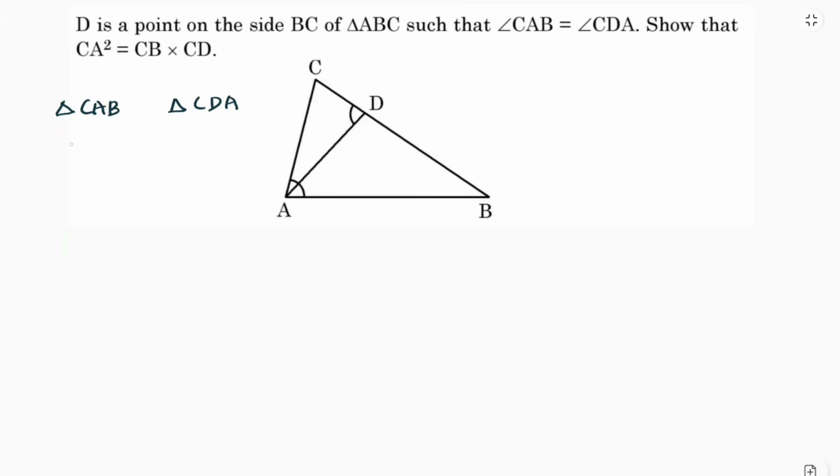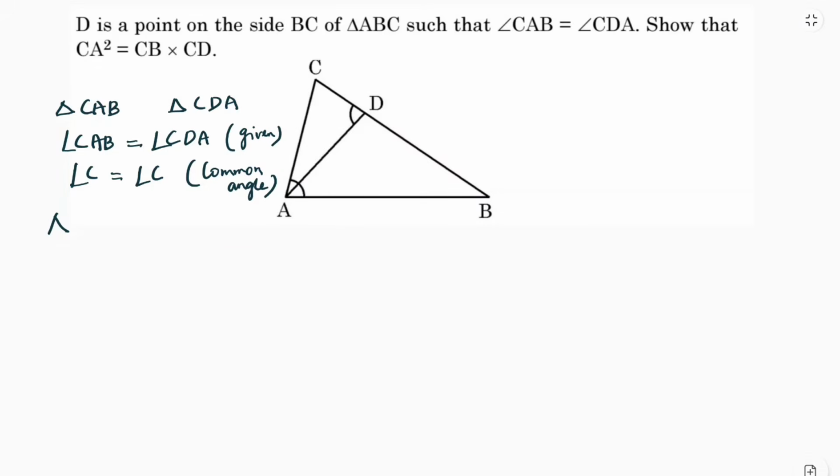Now see here. Angle CAB equals angle CDA, given. Next, angle C equals angle C, common angle. Fine.